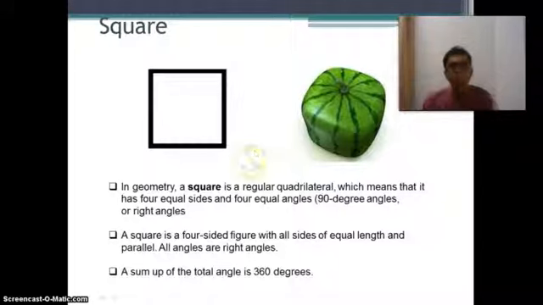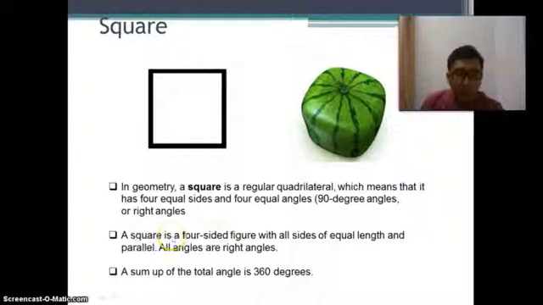Okay, next I will explain to you about the area of the square. In geometry, the square is a regular quadrilateral, which means that it has 4 equal sides and 4 equal angles, which is 90 degree angles or right angles. This angle is 90 degrees, this angle 90 degrees, and the same for these two angles.